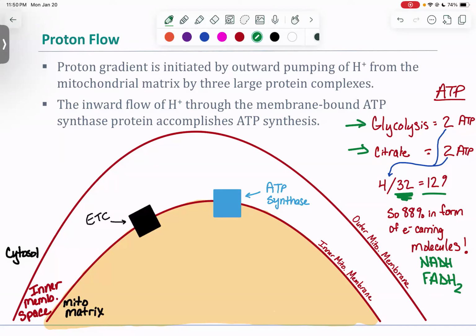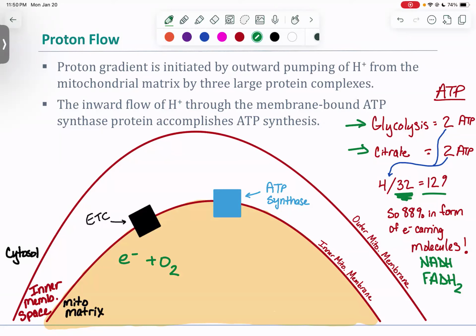So if we look at how this works, the whole point of the electron carrier molecule is to take whatever molecule has those electrons, and we'll be in the matrix. This yellow area down here is the matrix. I'm going to have some electron carrying molecules, and I'm just going to represent them as electrons. And we know we're in the mitochondria, so we also have oxygen present.